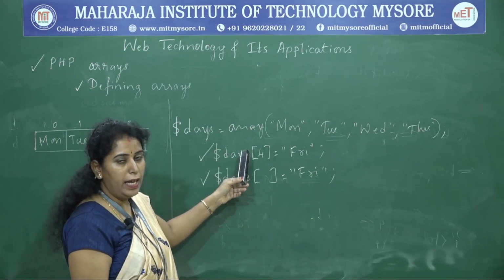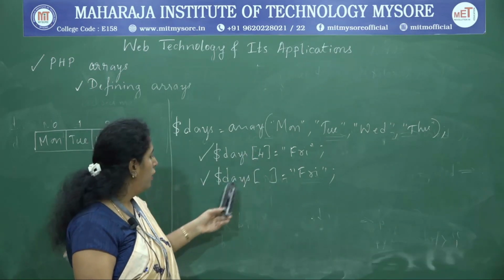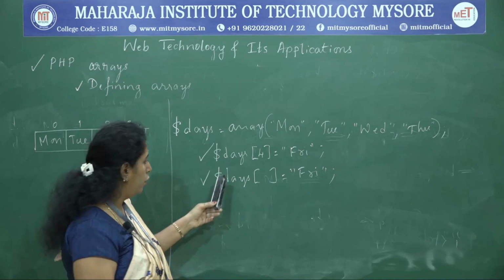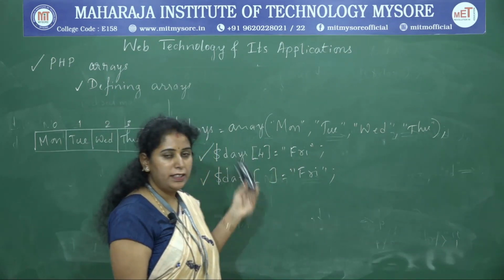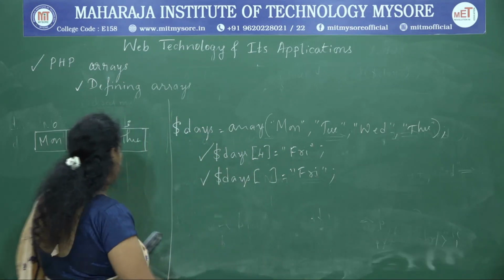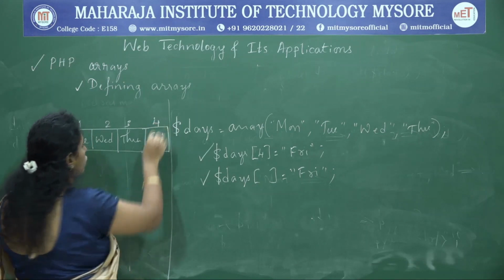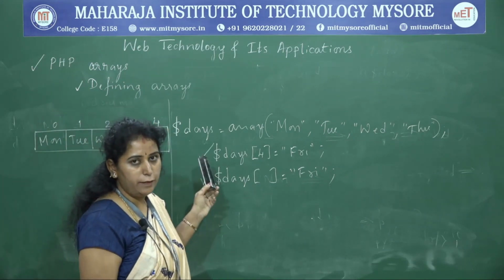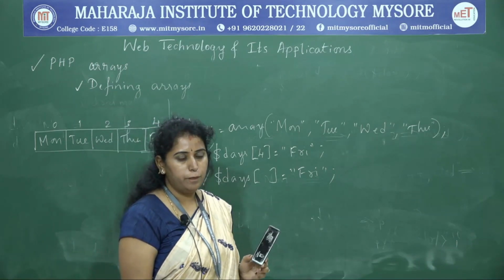Whereas in the earlier example I specified the index where this value has to be stored. In the alternative approach the index is empty, I am simply passing the element. What happens? Still, the element Friday will be stored at the end of the array. So this difference you have to understand here.